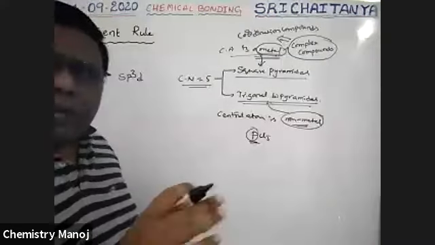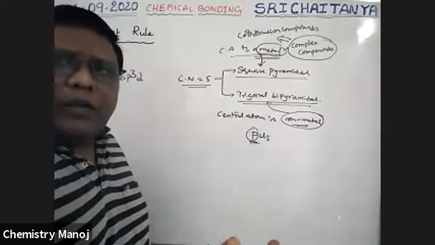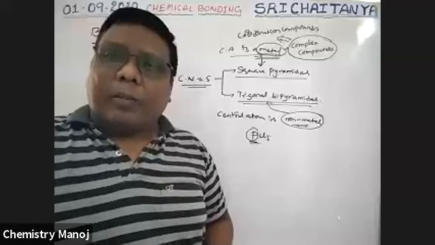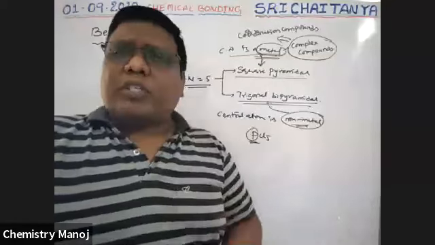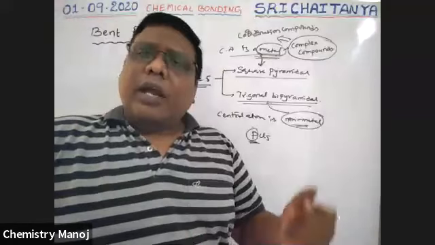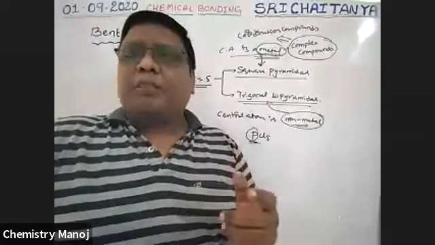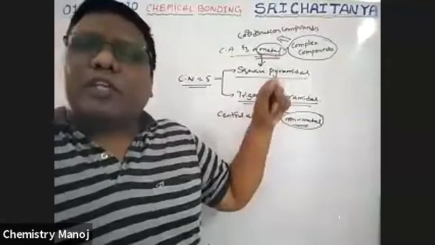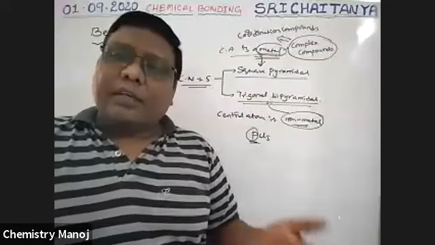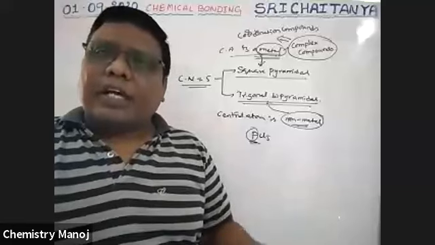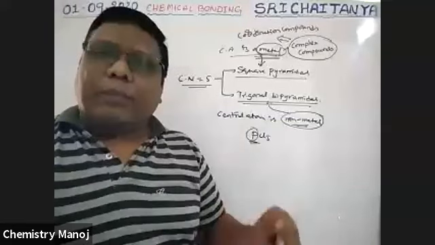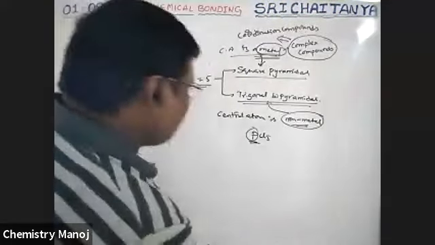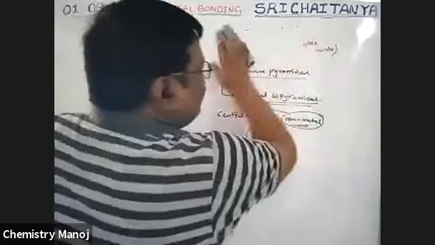Some compounds may be square pyramidal, some trigonal bipyramidal, but in most other cases we can't predict which one is where, because trigonal bipyramidal changes to square pyramidal and vice versa. That is also possible. So in this situation, we apply bend rule. See here, sp3d hybridization.